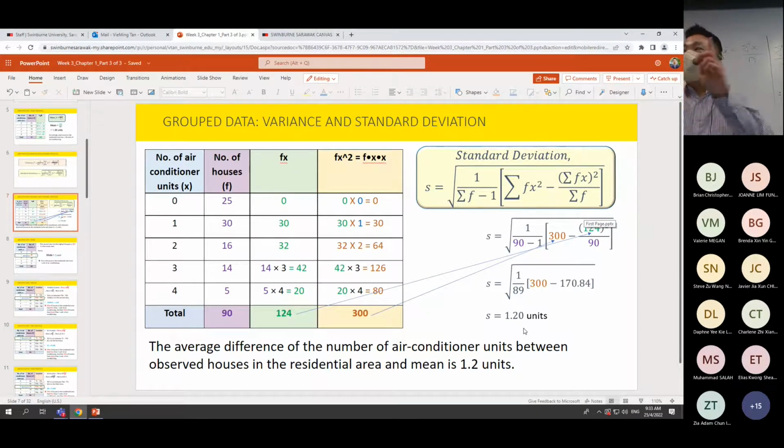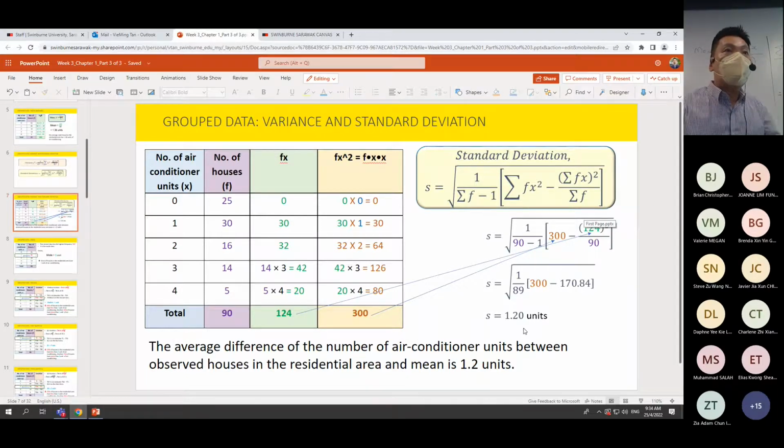So in order to get the standard deviation for grouped data, we need to have a few columns ready. We need the X column, where X means the class. Second column is the frequency column. Third column is the FX column, which is F multiplied by X, using the second column multiplied with the first column.